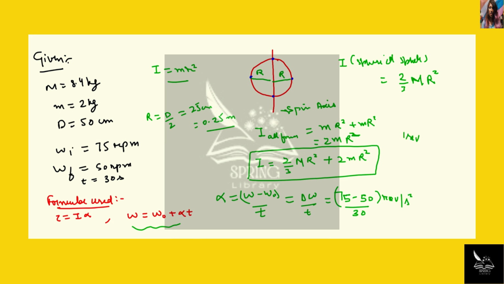One revolution is equal to 2 pi radians, and we have per minute here, so we can convert this using 2 pi over 60. So this becomes 75 times 2 pi over 60 radian per second. Similarly, this one is 50 times 2 pi over 60 radian per second. So this becomes radian per second squared.